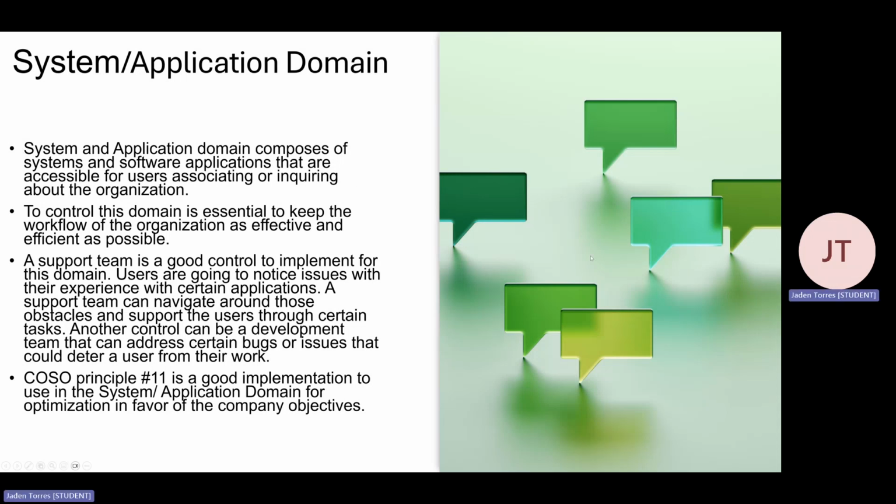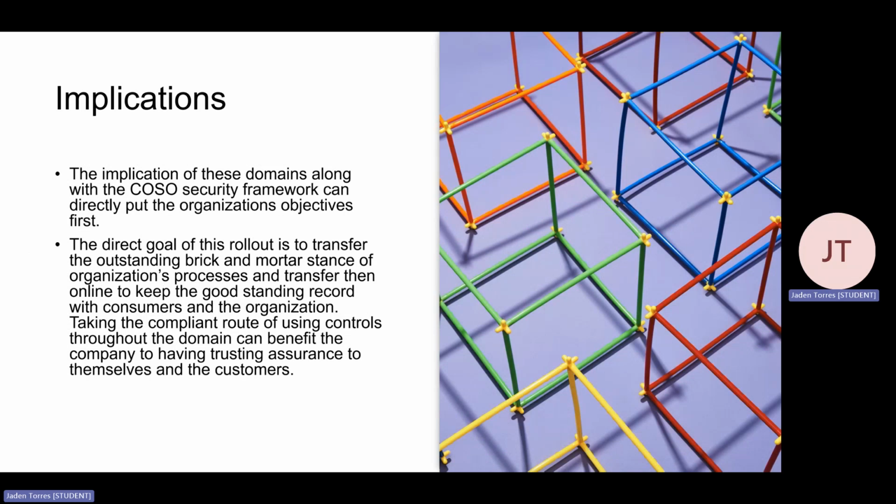All right, for my implications, the implications of these domains, along with the COSO security frameworks, can directly put the organization's objectives first. I believe that incorporating the design that I proposed for this company, these controls, the proper responsibilities, and the sectors for our internal security structure can prepare us for the future.